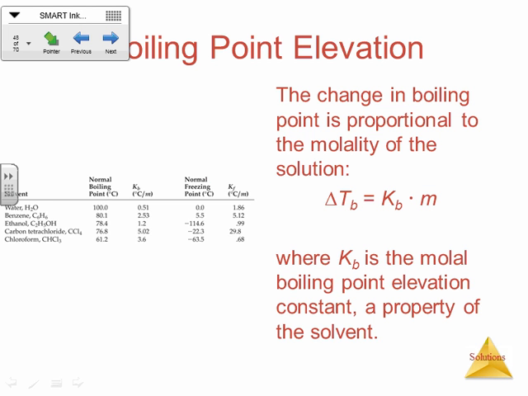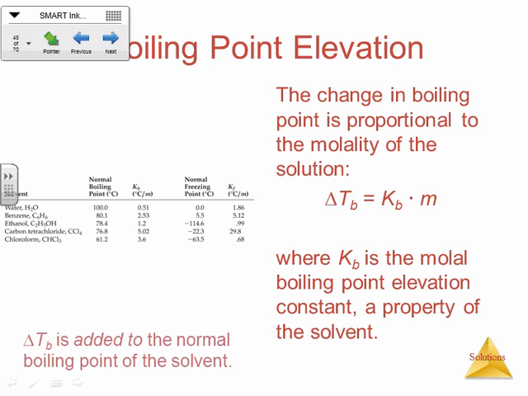So you have to be careful with that, okay? You guys remember what molality is? Close. Moles divided by liters is molarity. Moles divided by kilograms, right? It's moles of the solute divided by kilograms of the solvent. So we've got to use that in order to find this boiling point elevation here, okay?